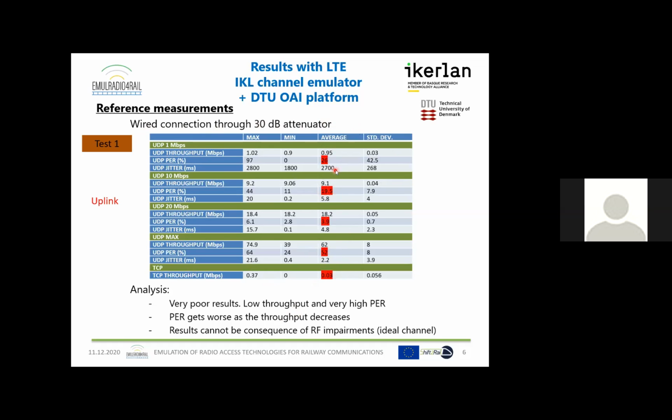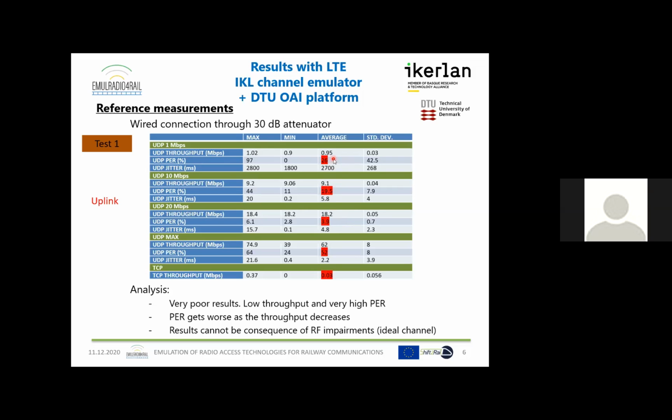I mean, the packet error rate, in the absence of any perturbance, in the absence of any channel, is very high. The best case would be 4%, and it's strange that as the throughput lowers, the results are worse. So this doesn't make any sense.